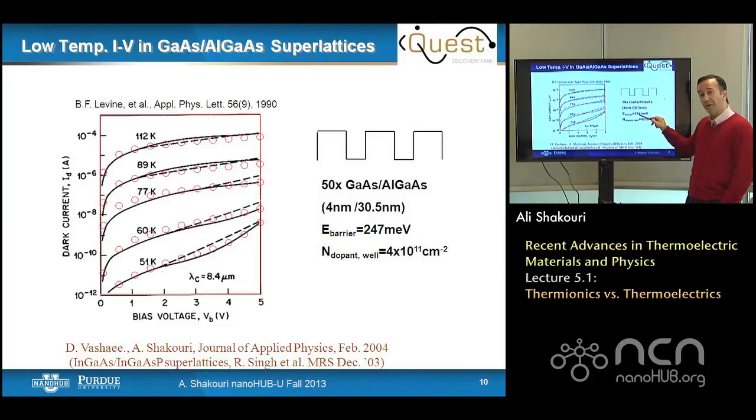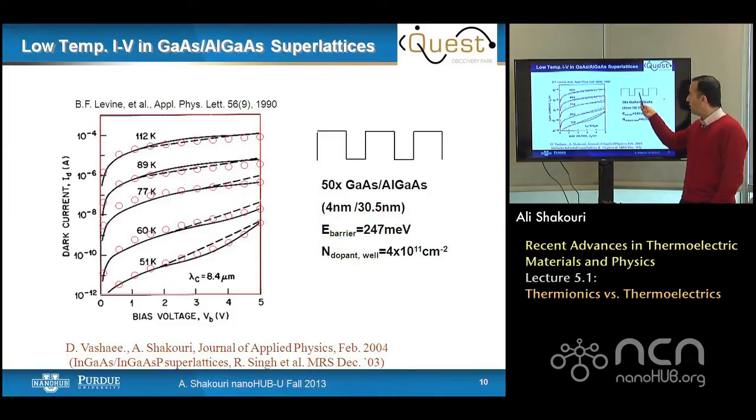The barrier height is 247 meV because of the percentage of aluminum used, about 30%. The doping in the well is 4 times 10 to the 11 per centimeter squared. So the Fermi energy is within about 100 meV of the barrier height.